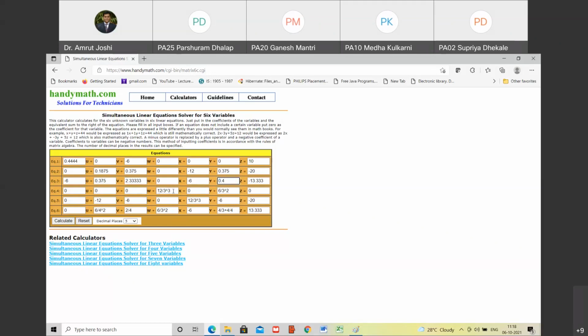It's very bad programming anyway. 12 upon 3 cube, how much it is? 0.444. 6 upon 3 square is 0.375. 0.44444. This is 2.3333. 6 upon 3 square is 0.375. 2 by 4 is 0.5.